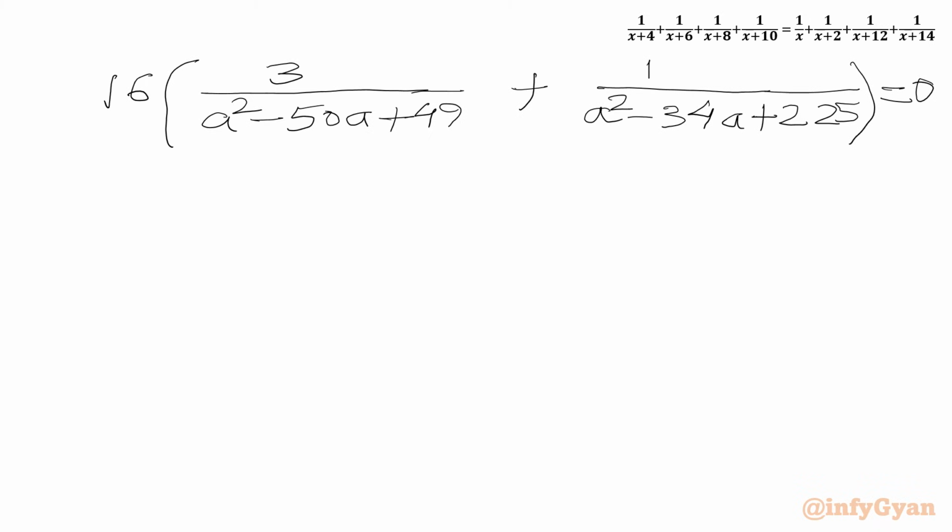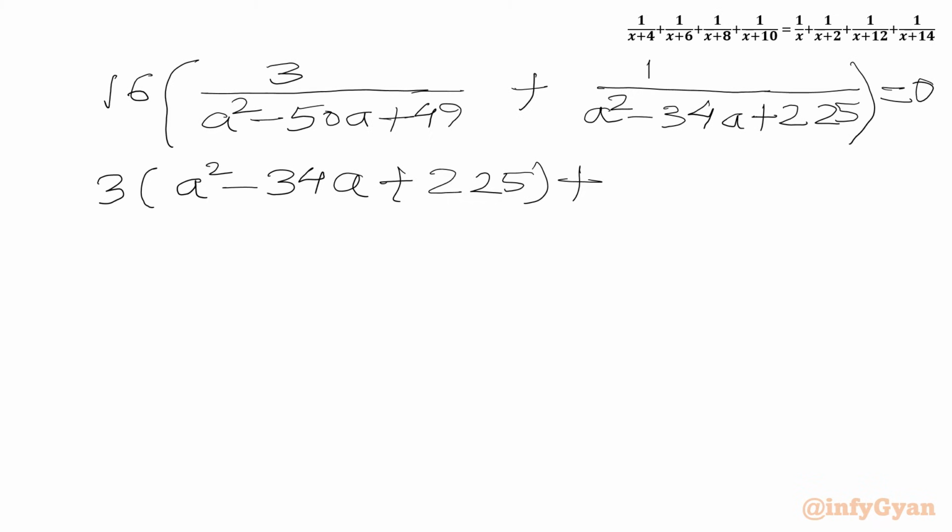Now we'll take LCM once again. So we can write 3 times a square minus 34a plus 225 plus a square minus 50a plus 49. This should be equal to 0.